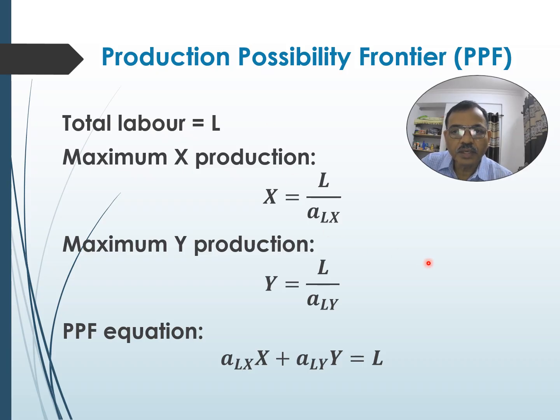Since labor must be allocated between X and Y, we write the full employment condition as ALX times X plus ALY times Y equals labor L. This is the full employment condition.